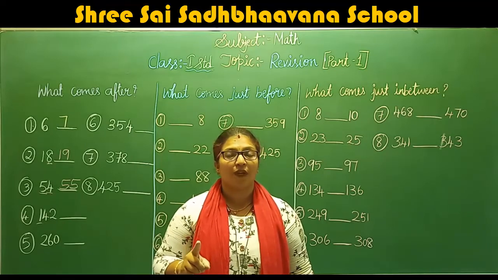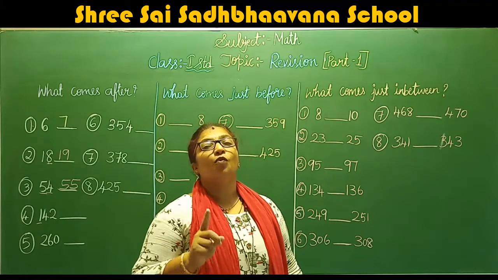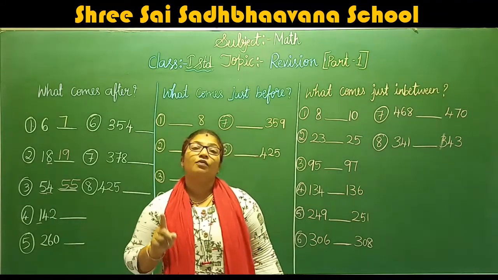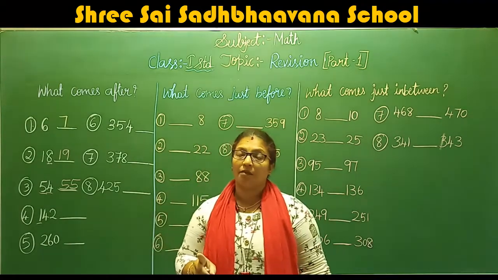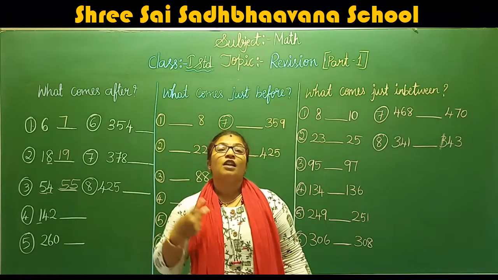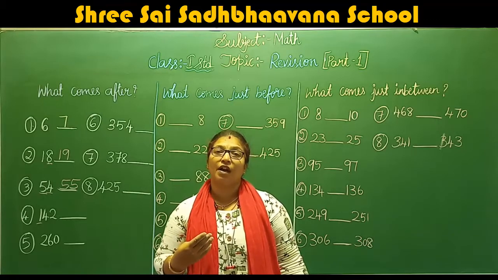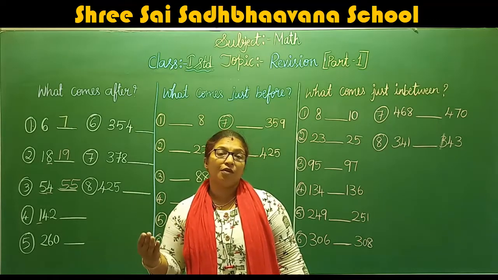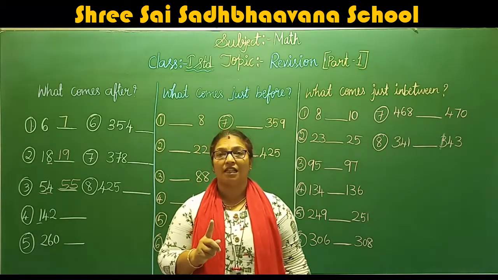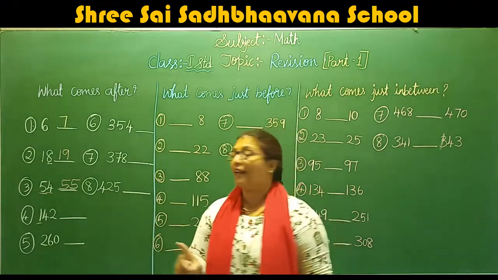Just one number has to be changed, and that is the ones place number only. Always remember this, children. If it is a 1-digit number, only the ones place will be there, so you can easily change it. If it is a 2-digit or 3-digit number, you have to add to the ones place number, right?